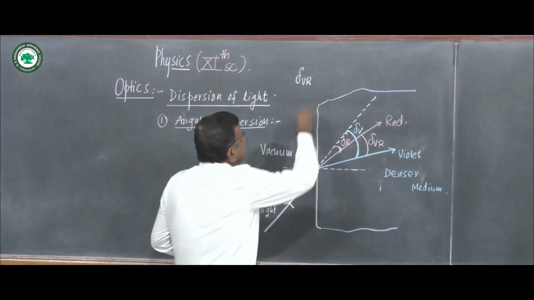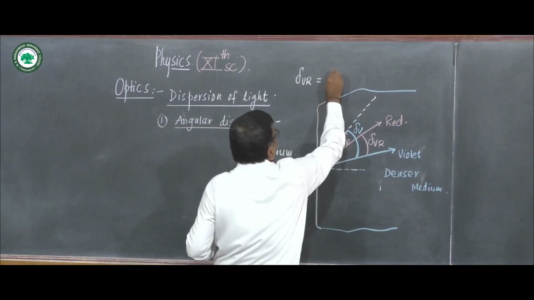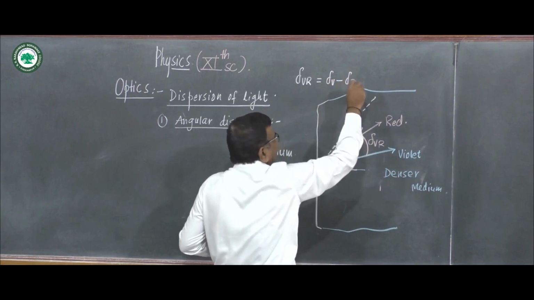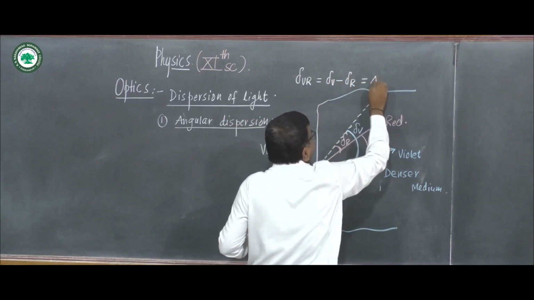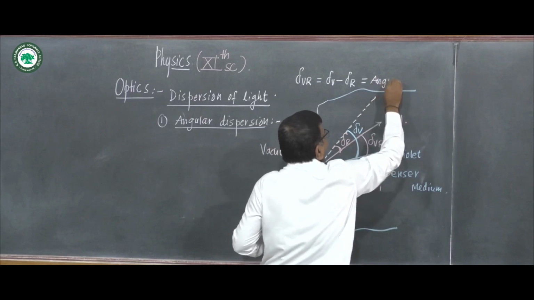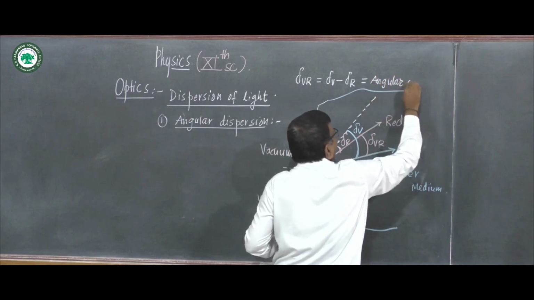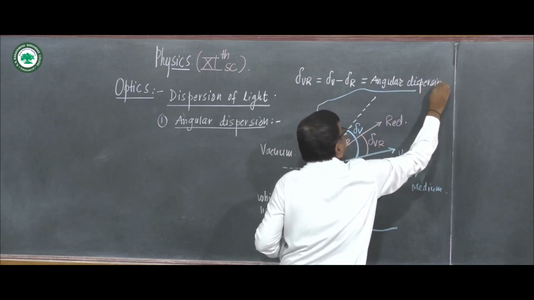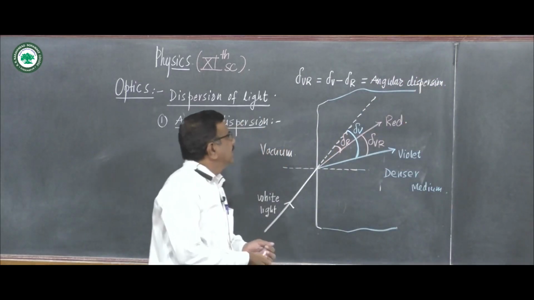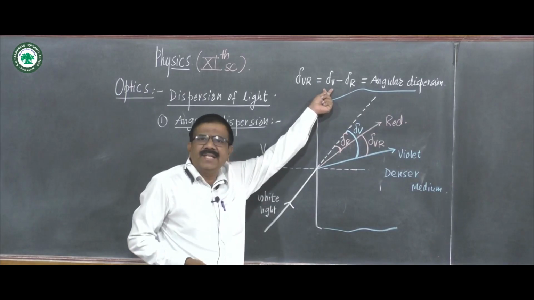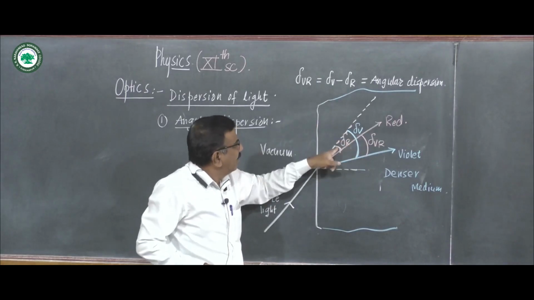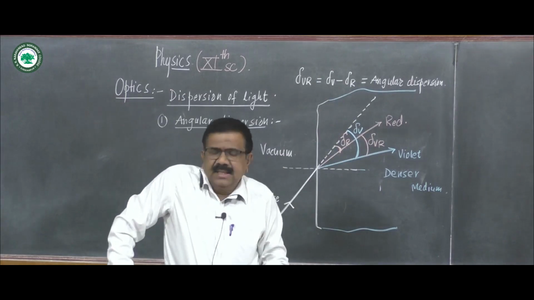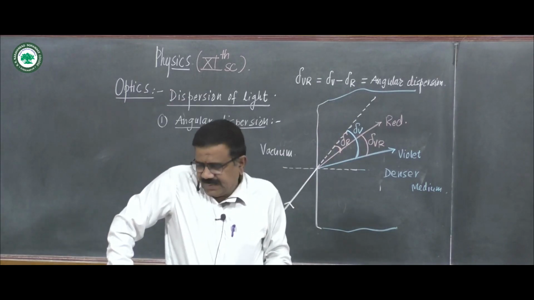It is delta V minus delta R, for the extreme colors. That is, the angle of deviation for violet, which is maximum, minus the angle of deviation for red.